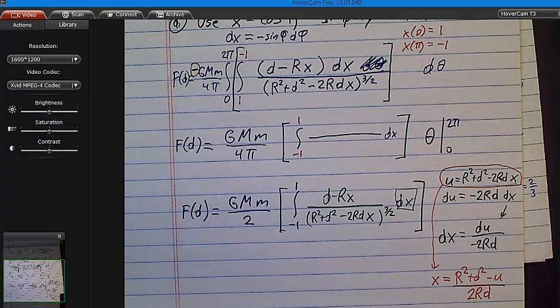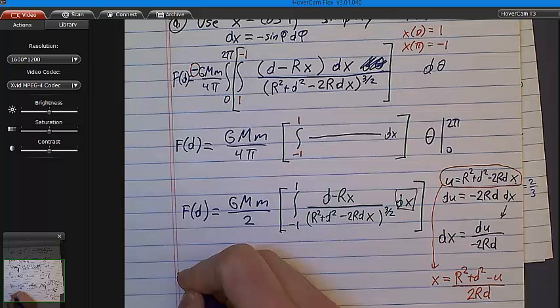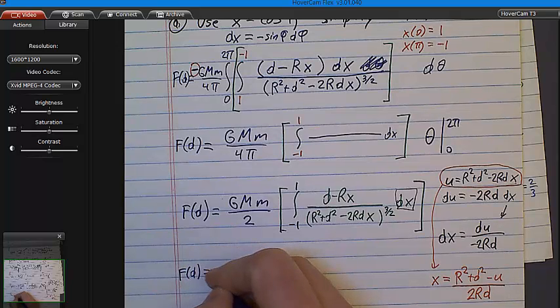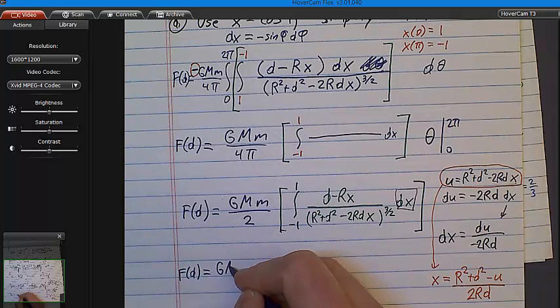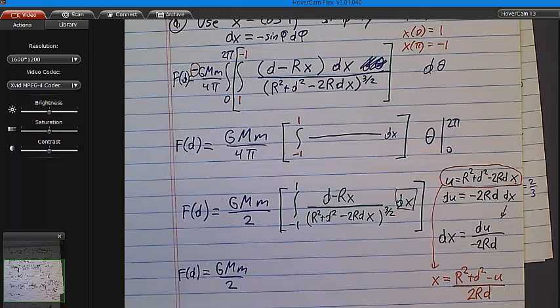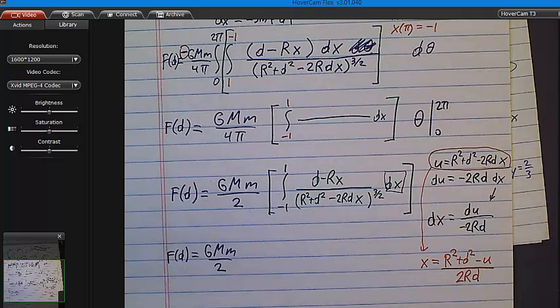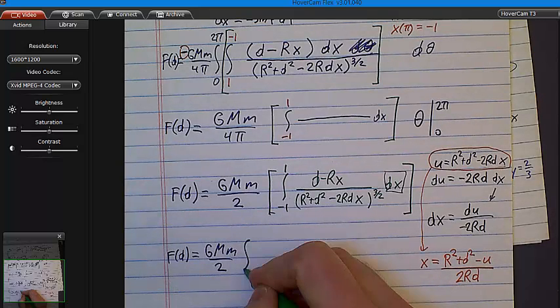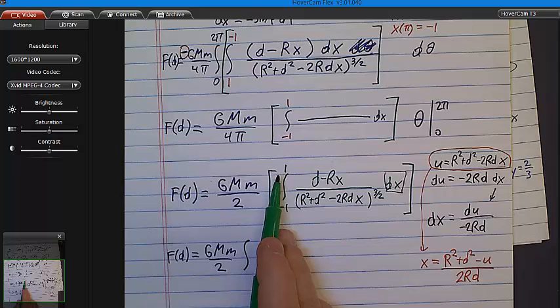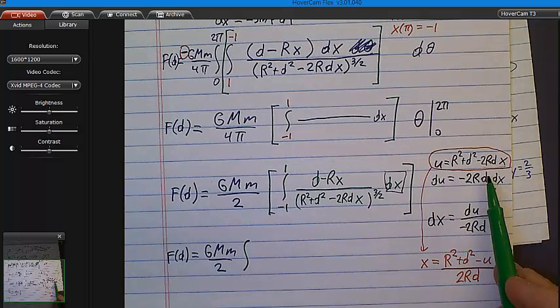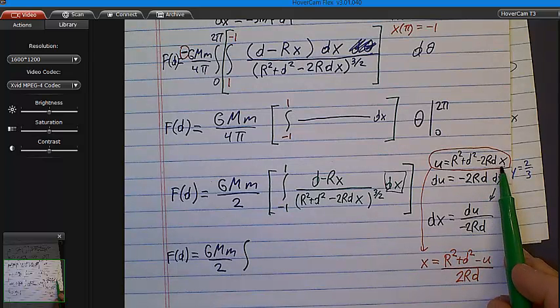All right, let me carefully try to put everything in, see what happens. Okay, we get F of d is equal to G big M little m over 2 times, and here we go, the integral. Oh, I probably shouldn't go from negative 1 to 1 anymore, right? Because we have to put in those values for x.